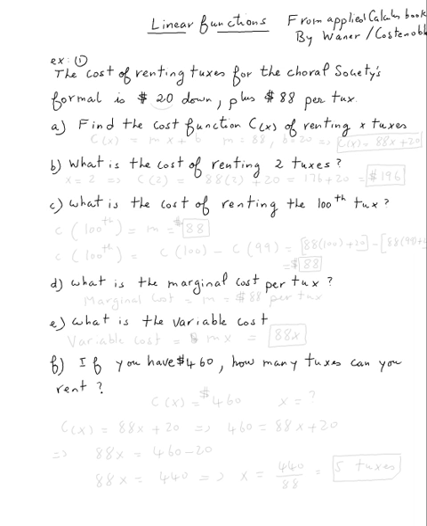So we know that y, or in this case C of x, is going to be equal to mx plus b because it's linear. Now we need to know which one of these values is b and which one is m.